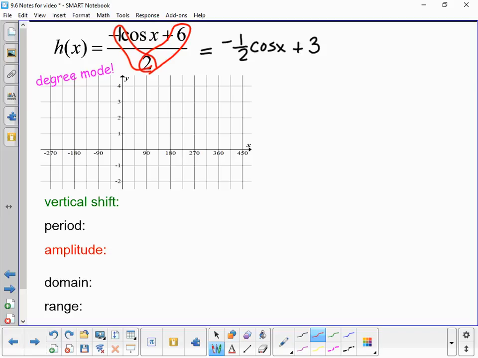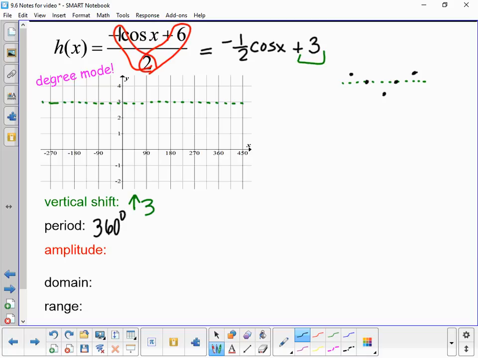So now that it's in this form, you can probably recognize that our function is shifted up 3. So we have a midline up at the value 3. Our period, this one looks like it's in degrees, so 360 degrees is our period. And our function is a cosine. So if we've got our midline, remember the cosine pattern is not starting on its midline.